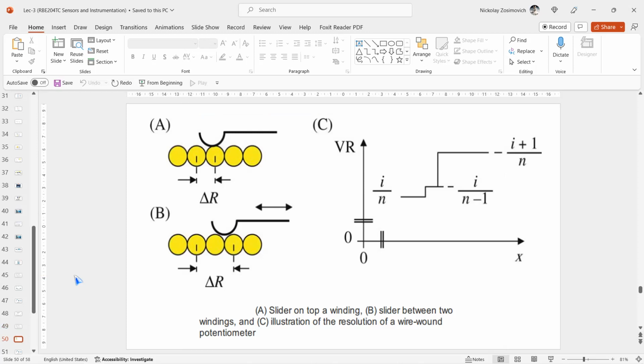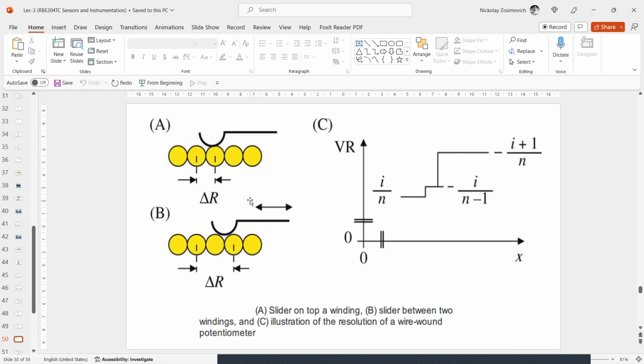The position resolution of a wire-wound potentiometer is set by the number of turns. If R is the total resistance, the resistance of a single turn is delta R, which is R over N, where N is the number of turns.